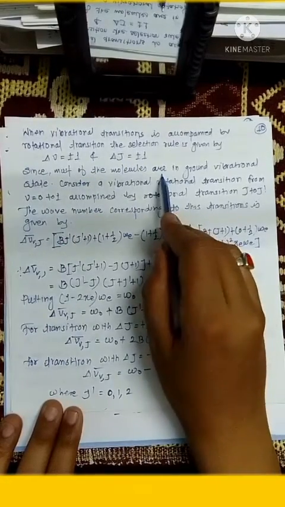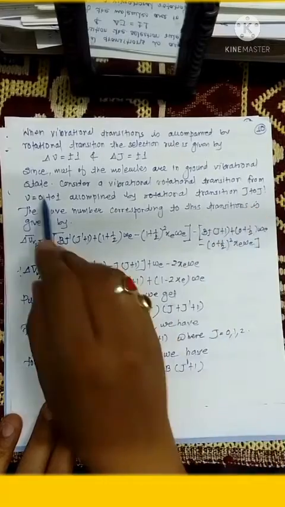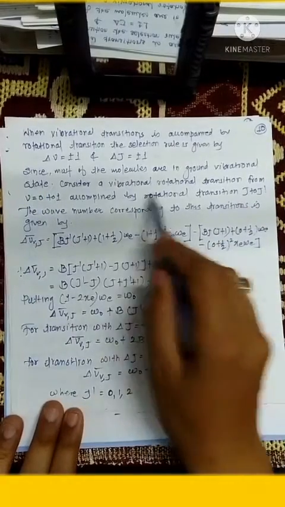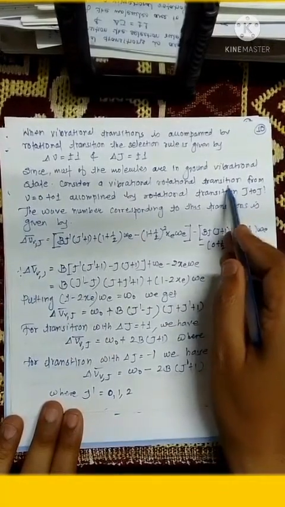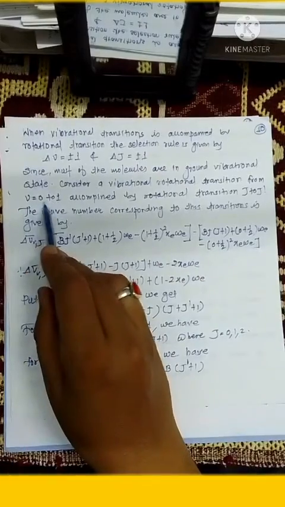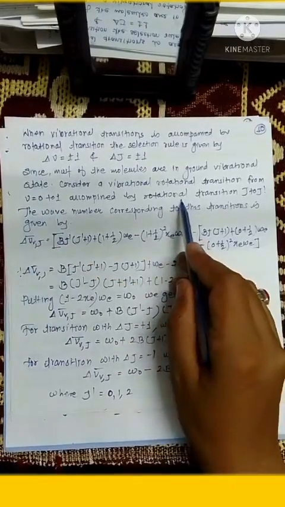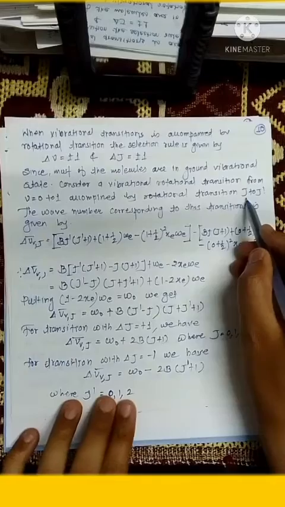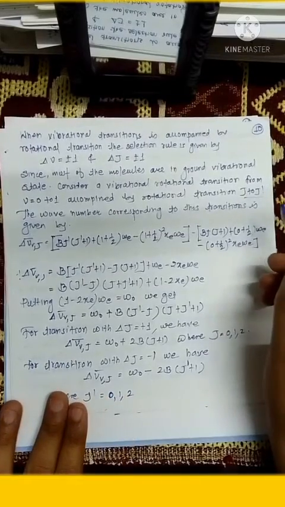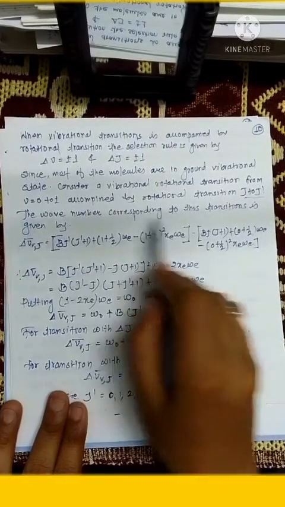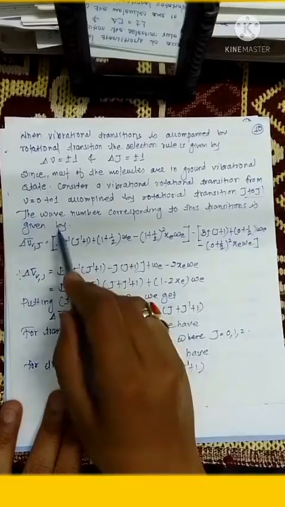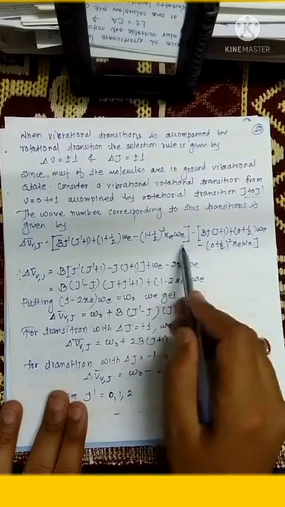Since most of the molecules are in the ground vibrational state, consider the vibrational rotation transition from nu 0 to 1 accompanied by rotational transition j to j dash. The wave number corresponding to this transition is given by this equation.